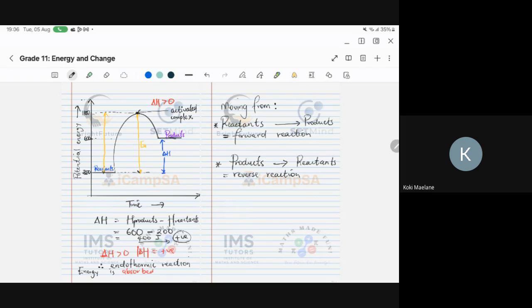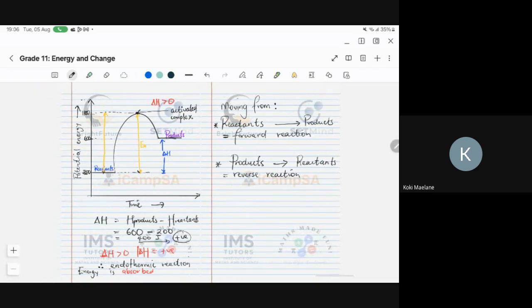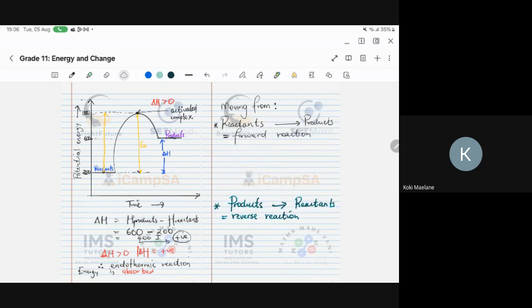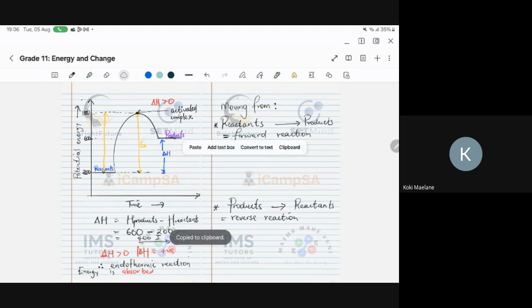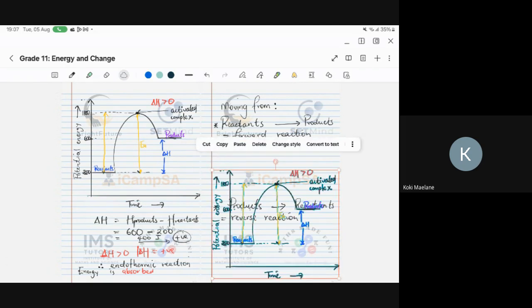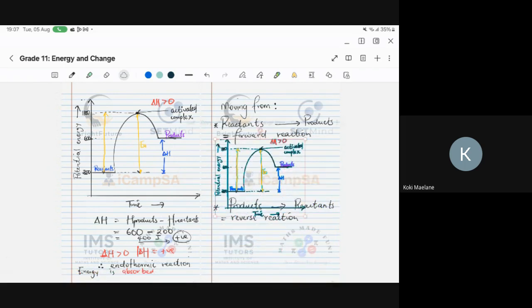Right. What it means as well is, let me see if I can draw it for you. Let me put it here. Right, let me take this curve right here. Hopefully it'll fit. Let's see.